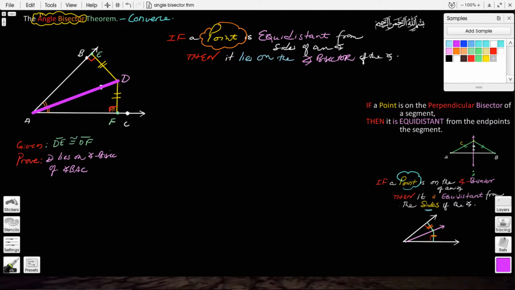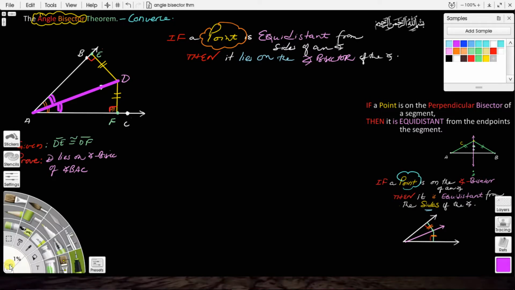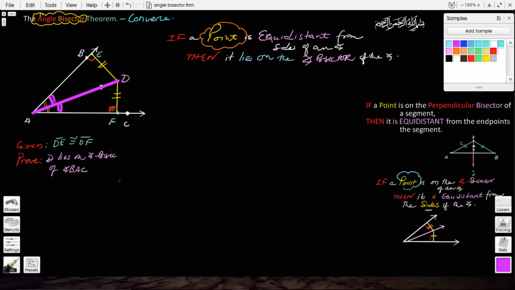So here we make the angle bisector. What we're going to prove is that ray AD, or segment AD, is going to be the angle bisector. So we're going to prove AD makes these two angles congruent. That's our modus operandi, the thought process for how we're going to prove this.